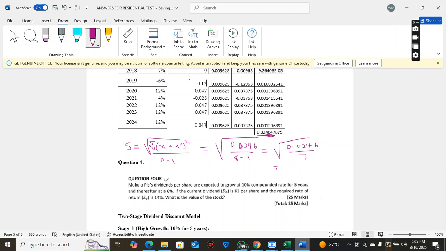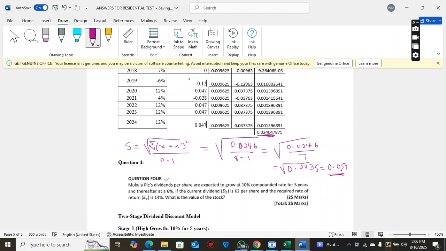So 0.0246 divided by 7, we get 0.0035. So we get the square root of 0.0035. The square root of 0.0035 is 0.0059.